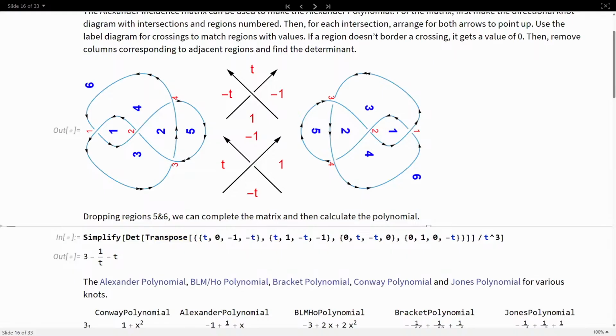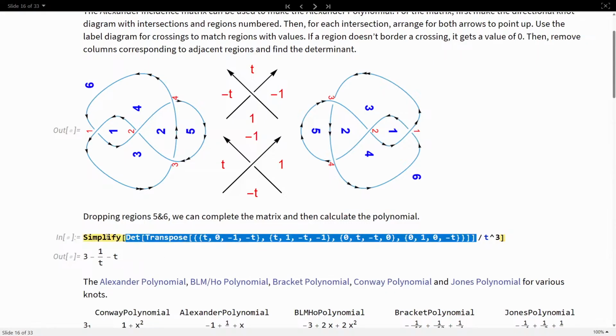The next step was, once you build up the whole incidence matrix between intersections and regions, you can delete 2 connected regions. So you could delete regions 5 and 6, those 2 columns of the knot. And then we take the transpose and the determinant.